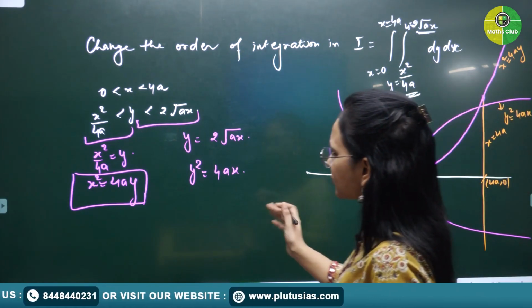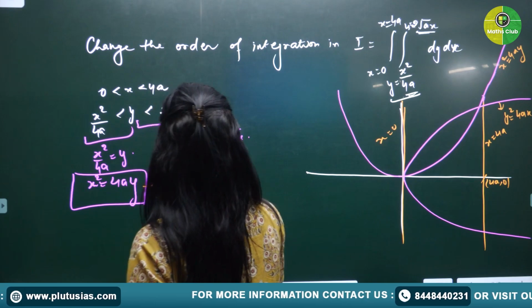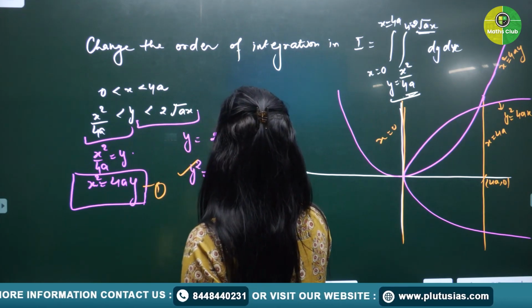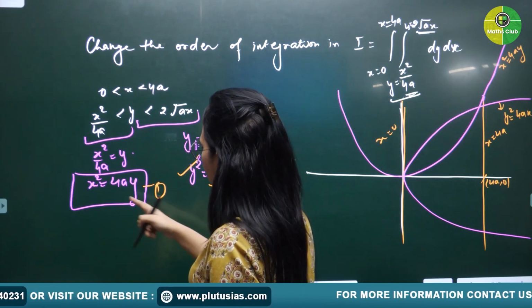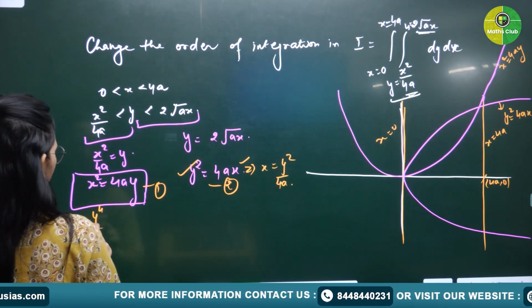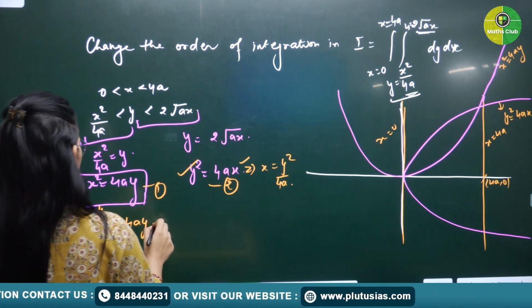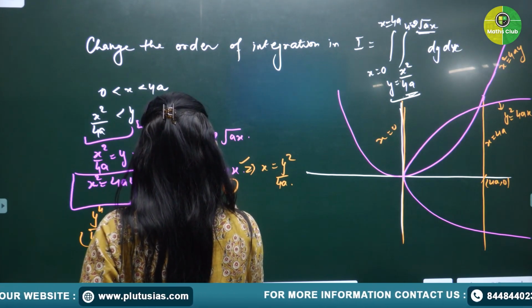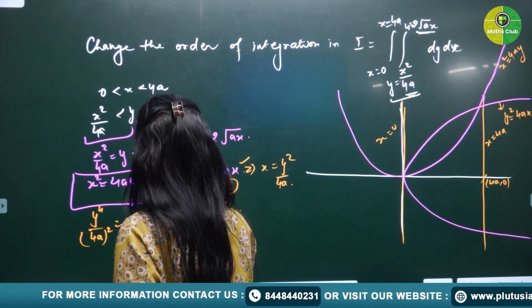Now we need to find out their intersection. How would you find out the intersection? This is one of the equations and this is the second equation. Find x from here and put it in that equation. So x from here is y square by 4a, and putting this in the other, x would be y raised to power 4 divided by 4a whole square, equal to 4ay. So y raised to power 4 is equal to 4a cube y, and I can take all the terms on one side and keep y common.